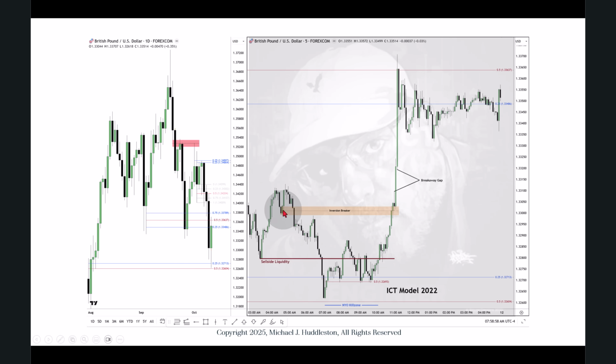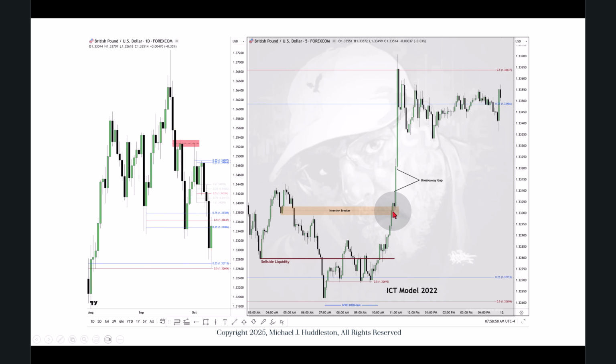So we have a high, low, higher high. Everybody knows that that is my bearish breaker. But what happens when the market is bullish and it trades above it? It's going to treat it as an inversion breaker. Every PD array has an inversion aspect. It's not inverted. Okay, it's inversion.